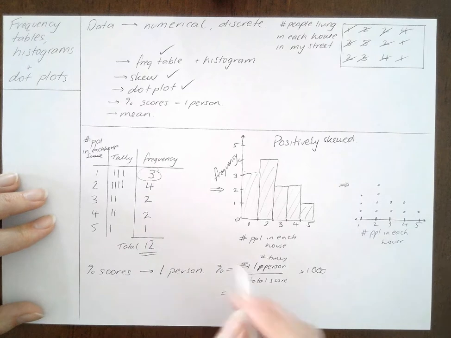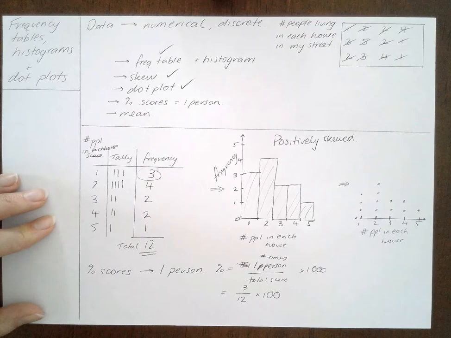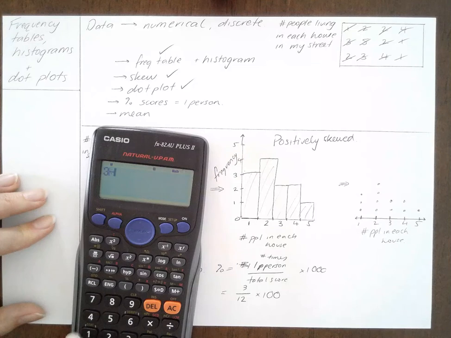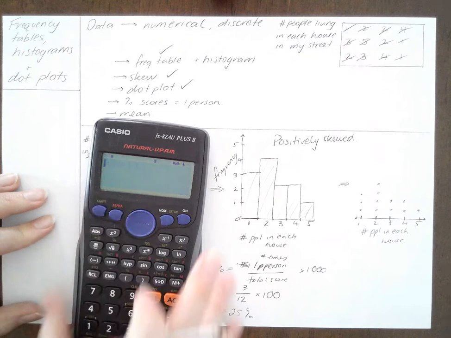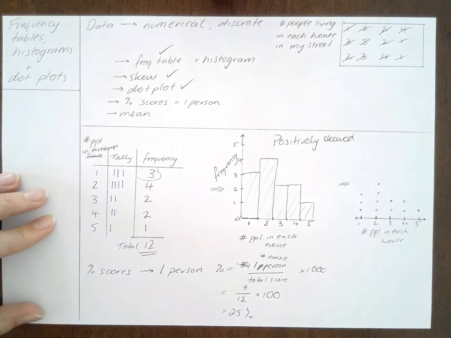So we have 3 out of our total possible 12 times 100, which will give us a nice round number of 25%. Right, so 25% of the time, there was only 1 person living in that house.